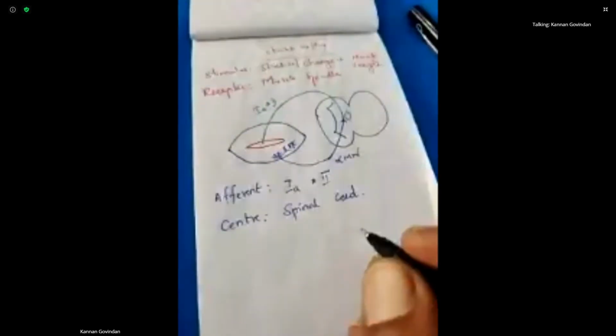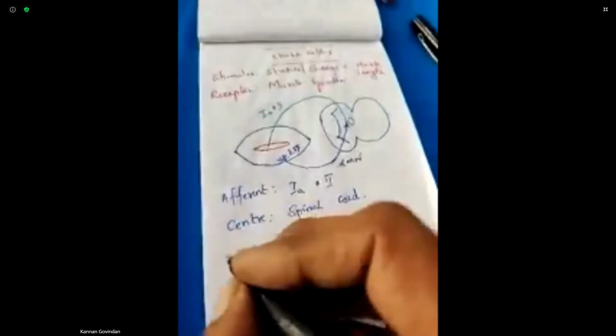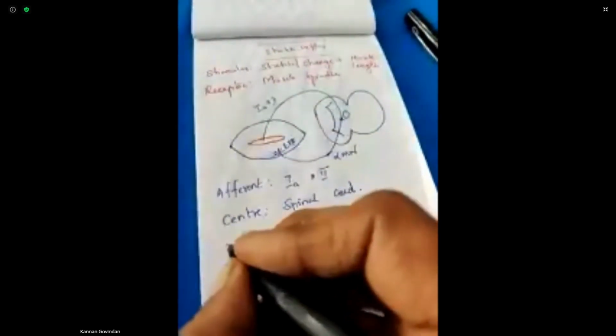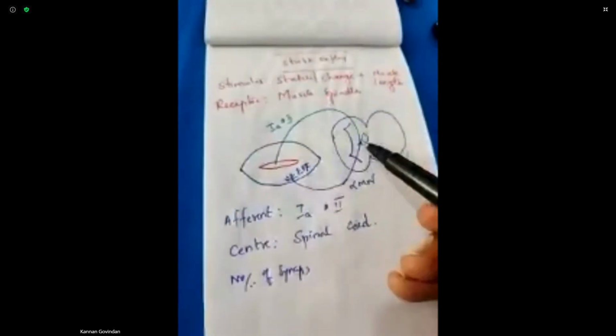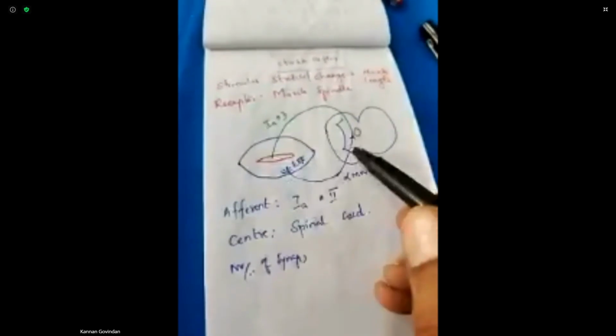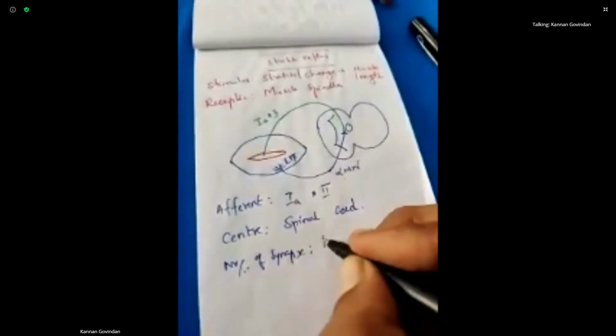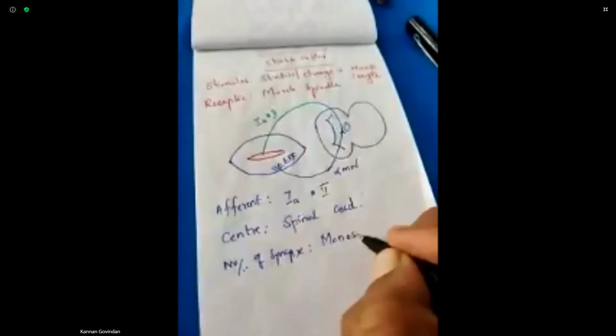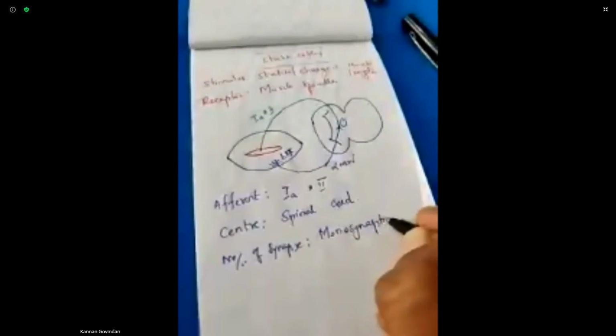Okay, the center is spinal cord. Okay, how many synapses are there? Number of synapses. You can see the afferent goes and synapses directly with the efferent. There is a single synapse. So this is the best example of a monosynaptic reflex.